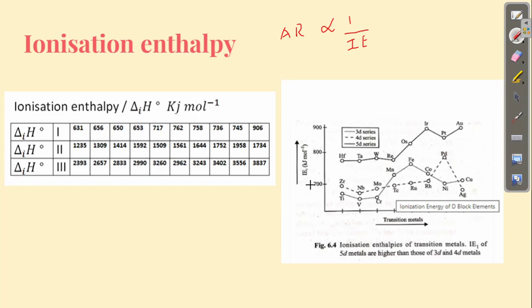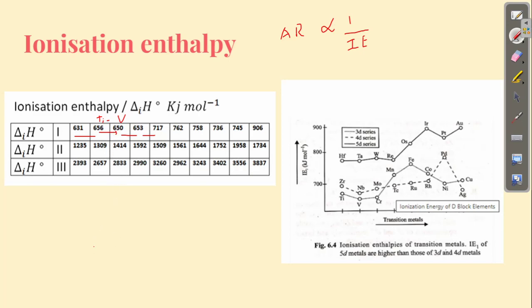But we can see that from scandium to titanium it is a regular increase, and from titanium to vanadium a regular increase, and from chromium to manganese a steep increase. But when we compare titanium to vanadium, there is a small decrease in the ionization enthalpy.